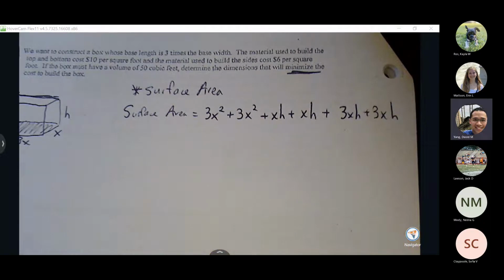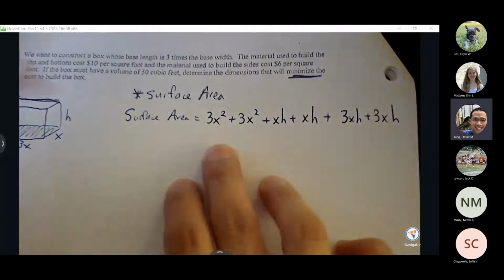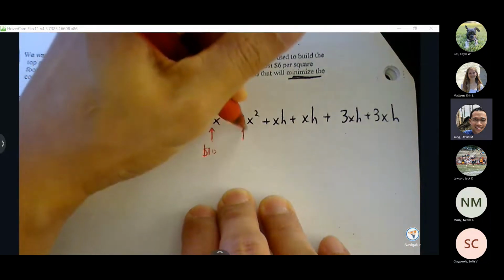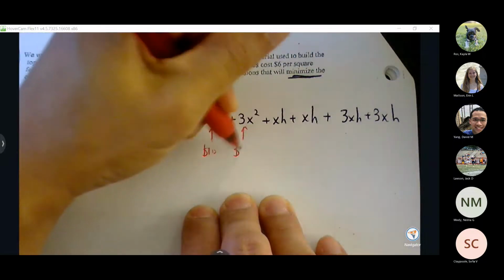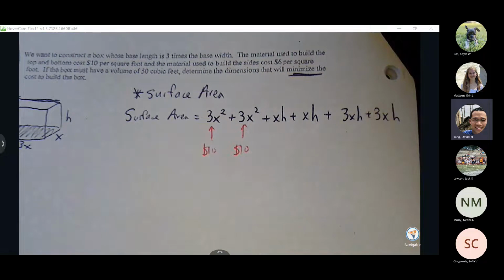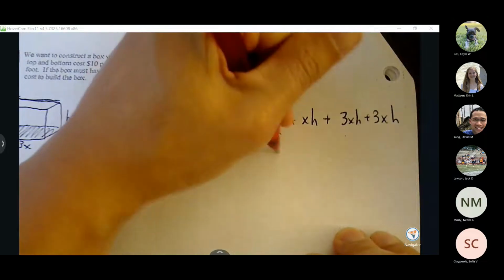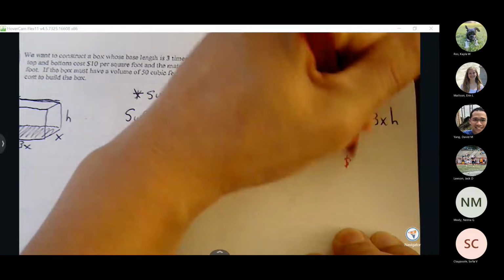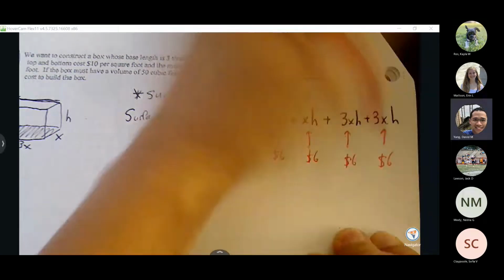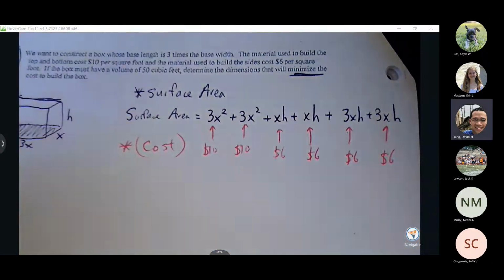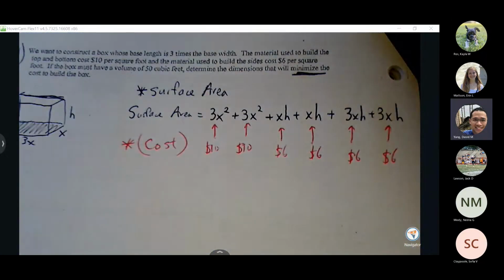All right, so there's a cost associated with each side. The bottom and the top are going to be the most expensive, $10 per square foot. And everywhere else, all the vertical sides are a little bit cheaper. The material is a little bit cheaper there, so it's only $6. Okay, so once we multiply the cost into the surface area, we're able to create our cost equation.